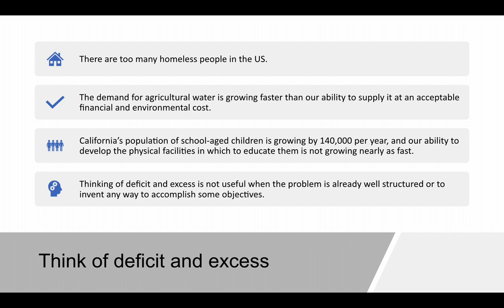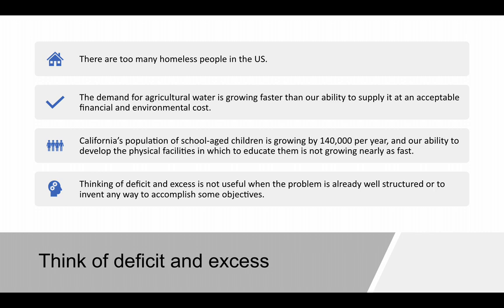If we say there are too many homeless people in the United States, that means it's too many, right? Another example would be that the demand for agricultural water is growing faster than our ability to supply it. Faster than, right? So that's an excess.